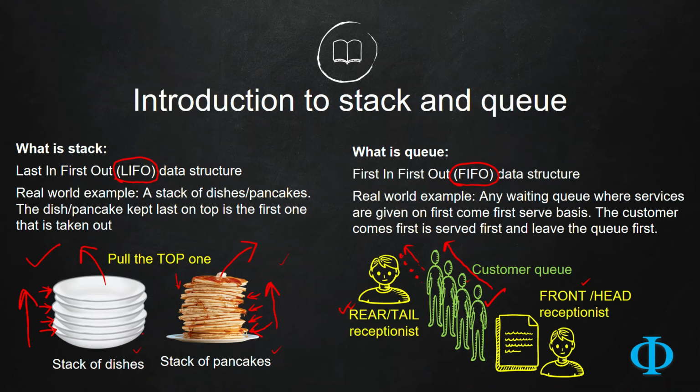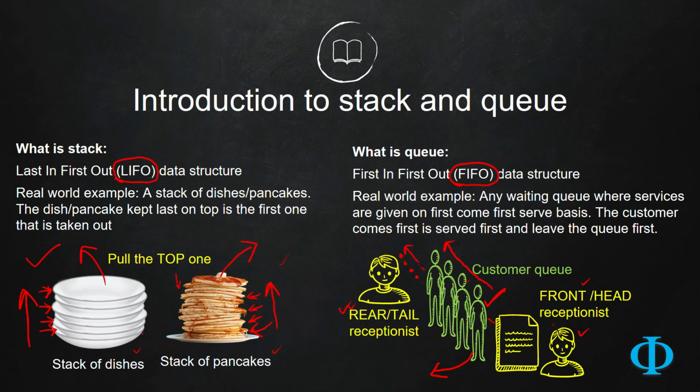And the front or head receptionist is basically responsible to serve the customer, either to show the table or something, or give the food out for takeout or anything. So this receptionist basically serves the customer, and then takes the customer out of the queue.